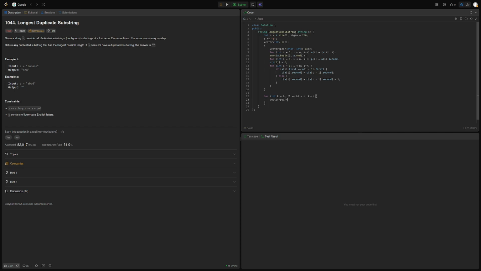Vector pair of int char. A[i] is equal to class of i and class of i plus 2 to the k, percentage n, and here I have i maybe. Okay, then I sort, so sort A begin A end.